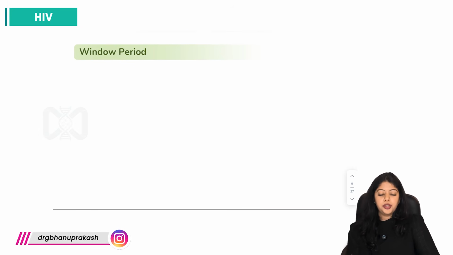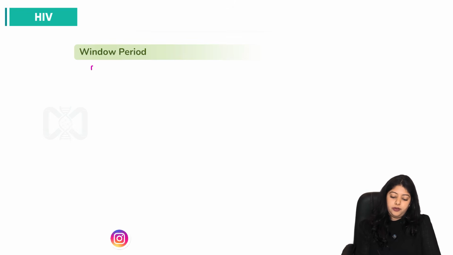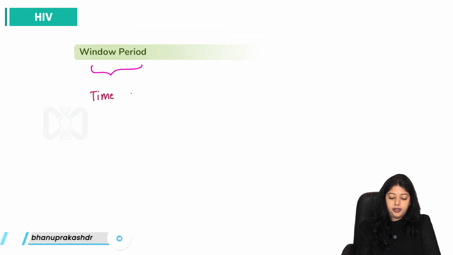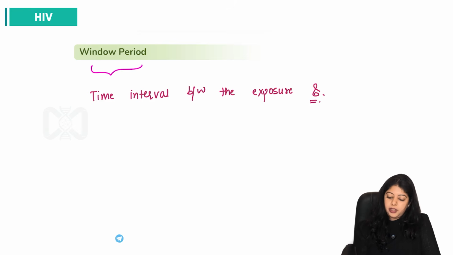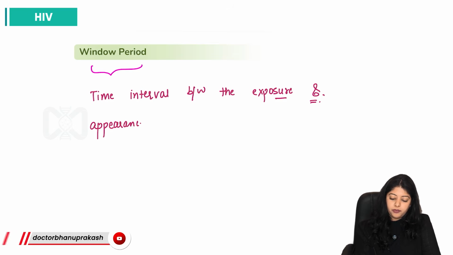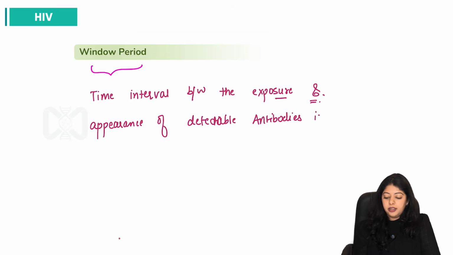Now talking about the window period. What exactly is the window period? This is the time interval between the exposure and detectable antibodies in the serum.